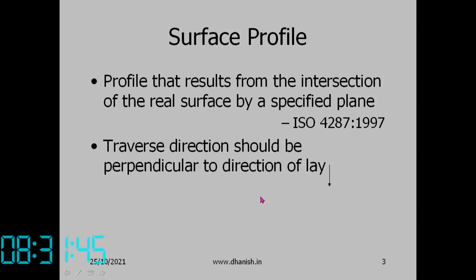Unfortunately, we couldn't get any correlation between the two values. Later I analyzed the data and saw that they were not taking the direction perpendicular to the lay. Unfortunately, it is operated by research scholars who don't really know about surface finish measurement, so all the values were incorrect.